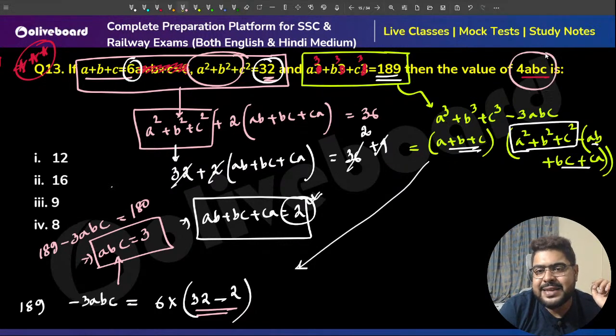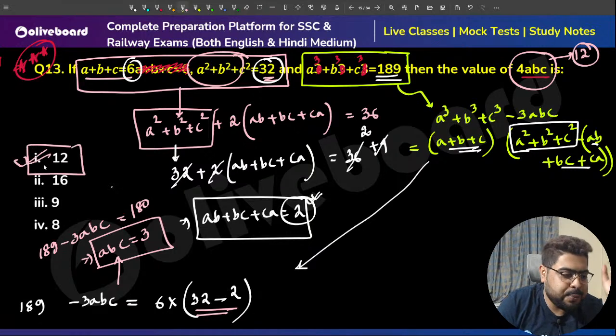So 4 times abc will be 4 times 3, that is 12. Option number 1.